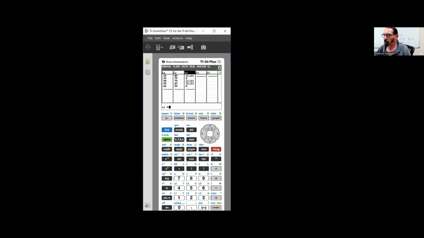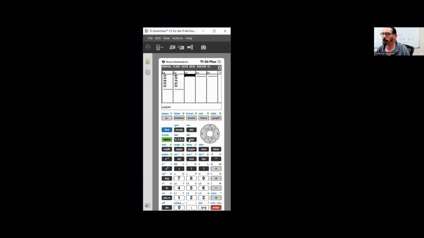Clear out what was in list 3 from the old line. The regression equation is supposed to give us a line that fits better, so that we will have a lower sum for the squares of the residuals.